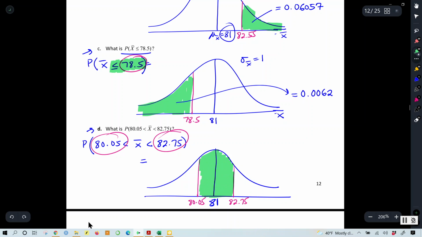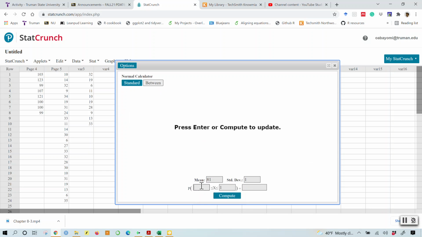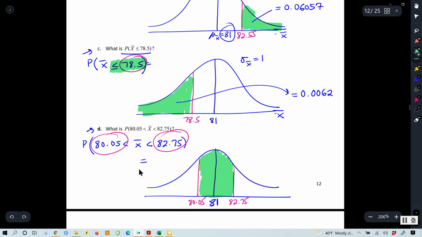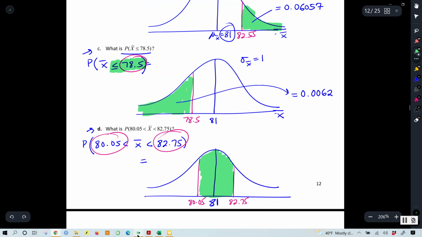So for this case, I will go back. I will need to alter the interface to the option of between. I already have the same values. I only need to specify the lower bound and the upper bound. My lower bound here is 80.05, and my upper bound from the question is 82.75.